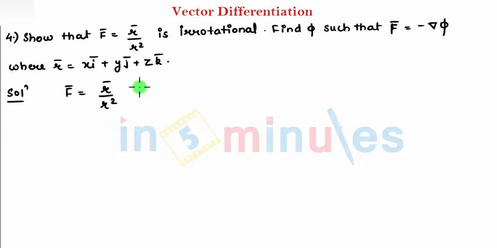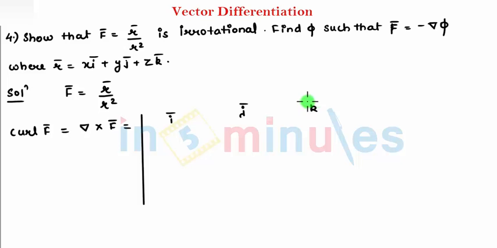To prove irrotational, I need to find the curl of f bar, which is del cross f bar. So I can write it as the determinant with i bar, j bar and k bar, then dou by dou x, dou by dou y and dou by dou z. See students, what is r bar?